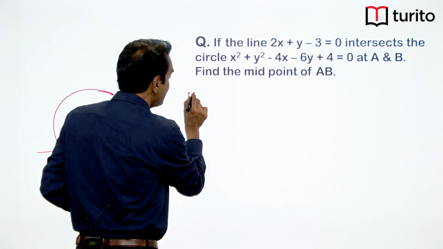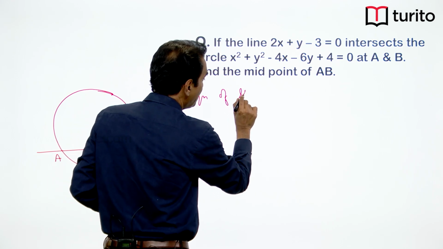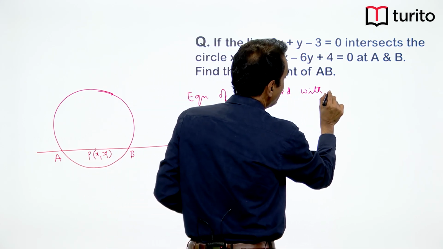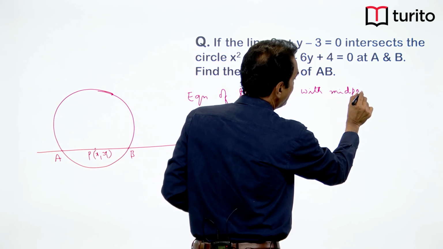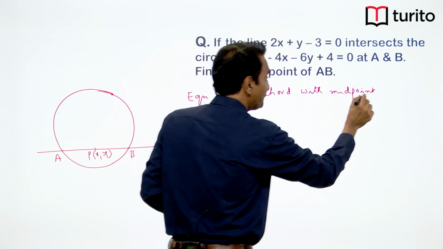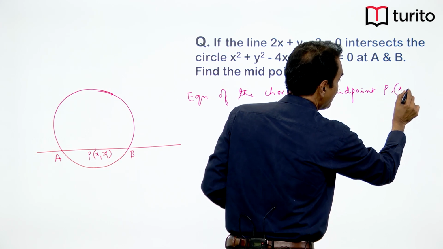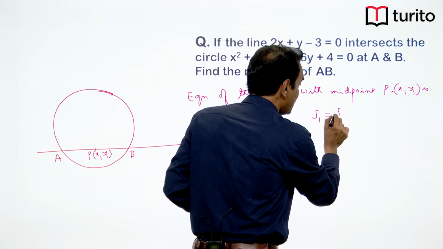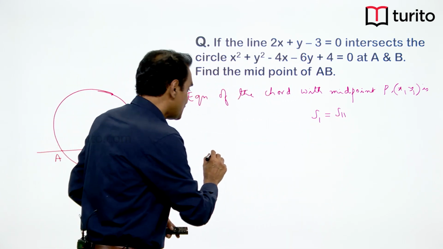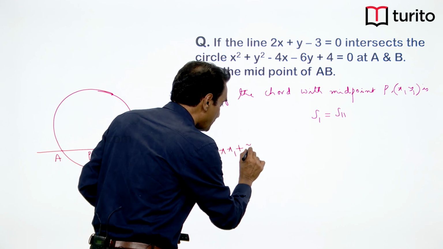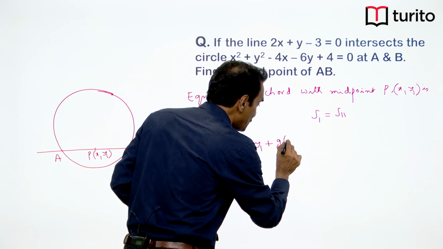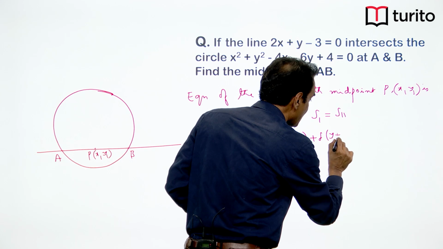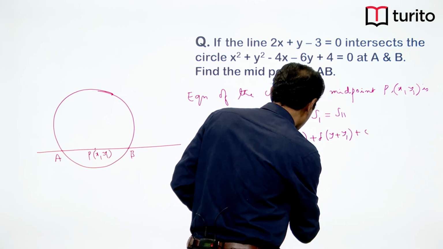Equation of the chord with midpoint P(x1, y1) is S1 is equal to S11, and then write S1 is equal to S11: xx1 plus yy1 plus g into x plus x1 plus f into y plus y1 plus c is equal to S11.